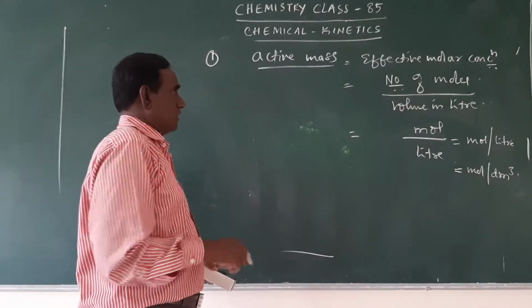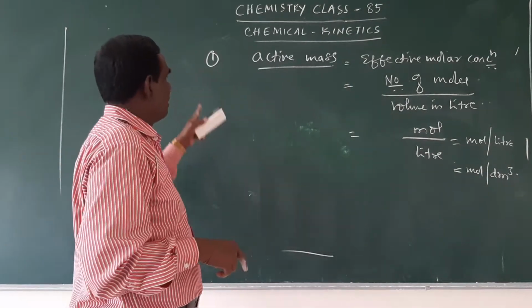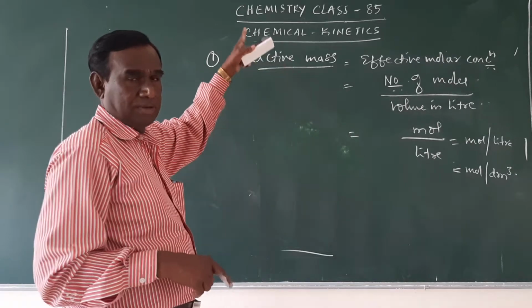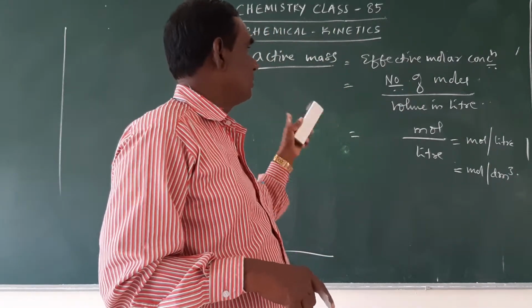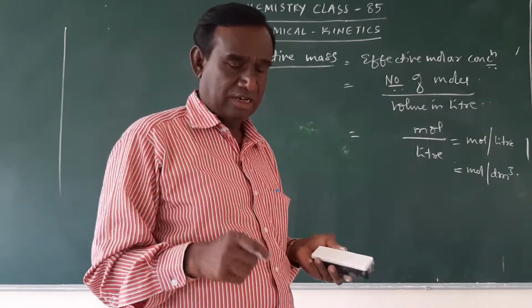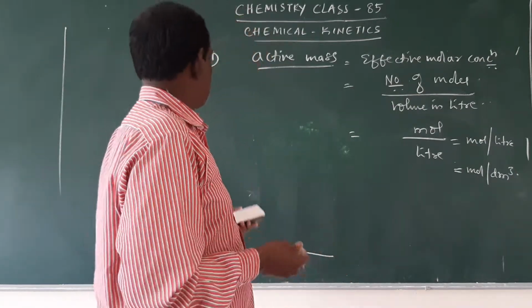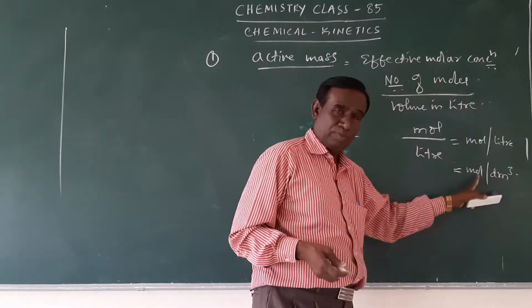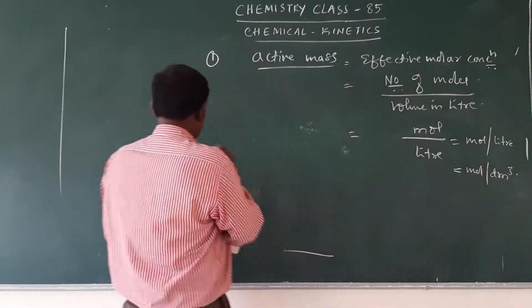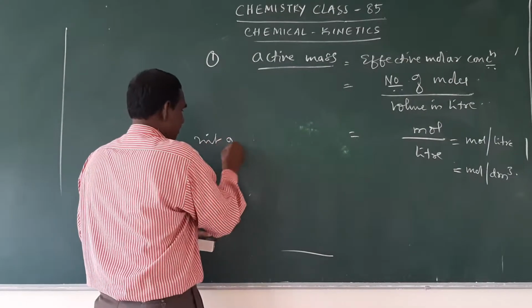So this is active mass. Active mass is expressed in mole per dm cube, and it is nothing but the effective molar concentration of the reactant as well as the product. After getting the unit of effective molar concentration, mole per dm cube, what is the unit of rate of reaction?